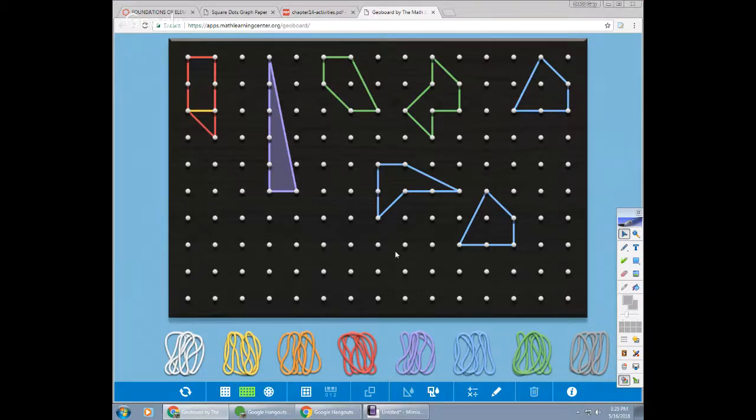And once you get enough 2.5s, move on and try and make some size 3 ones.